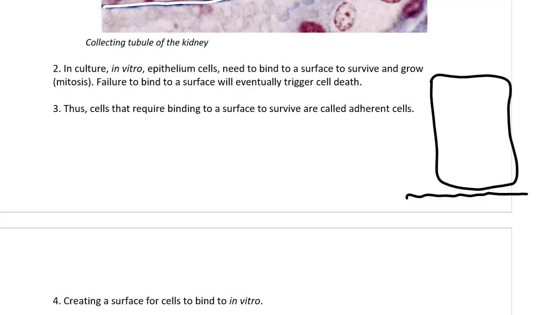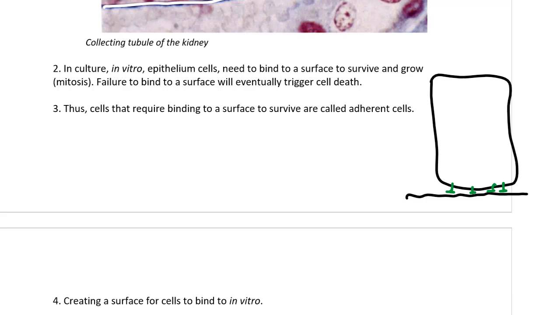I'm going to draw it a little bit bigger, just a single epithelial cell. And it has some proteins that are binding it to this basement membrane, right? Upon binding, remember I said that you can think of these proteins that are binding the cell to the basement membrane as receptors, where their ligand is actually some protein in the basement membrane.